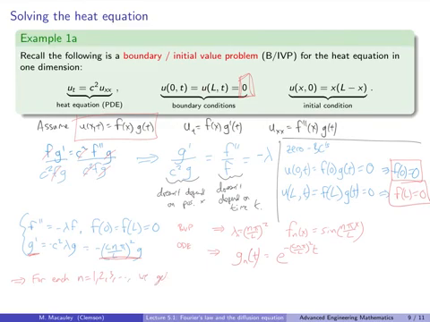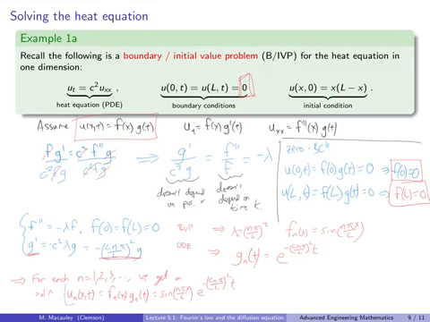We get a solution u_n of x, t equals f_n of x times g_n of t, which is just the product of these two things. So that's sine of n pi x over L times e to the negative (c n pi over L) squared t.